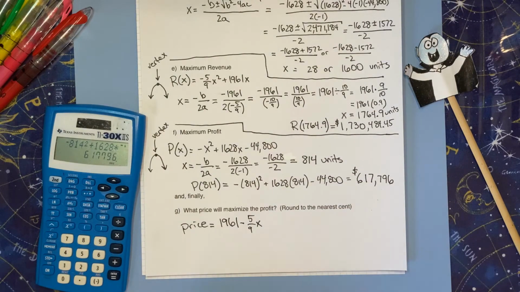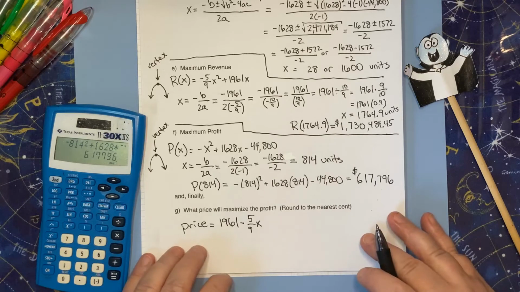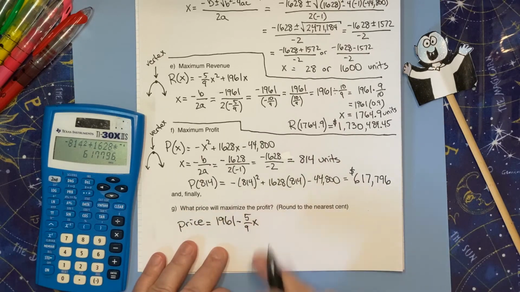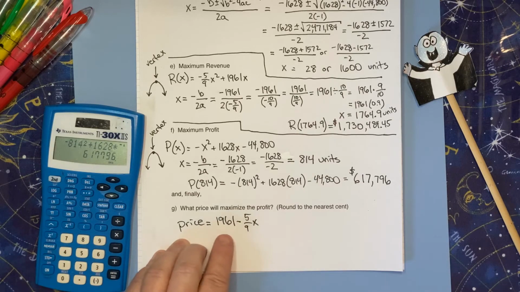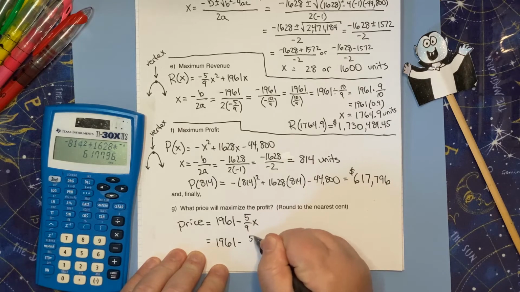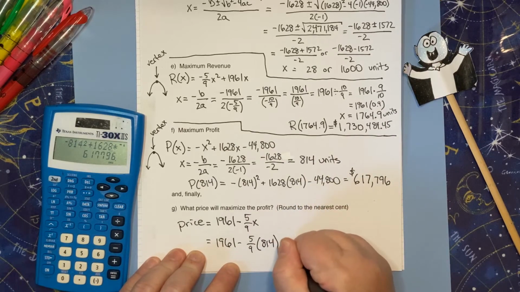So for this one, we can't tell people to buy 814 units. However, if we've done our research correctly, then we take 1961 minus 5/9, and I want to sell 814 of these things.